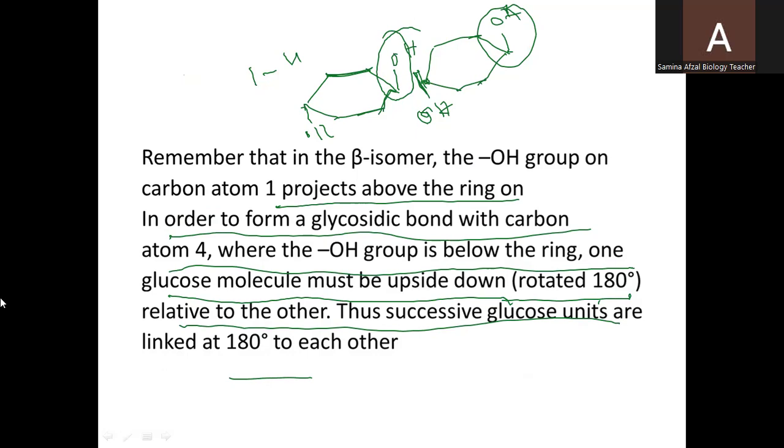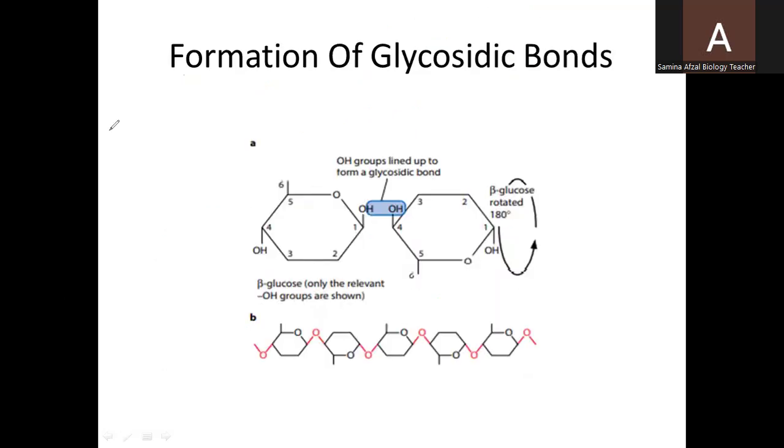You can see over here that the hydroxyl group in the beta glucose molecule is in the upward direction, on carbon number 1, only the hydroxyl group of carbon number 1.